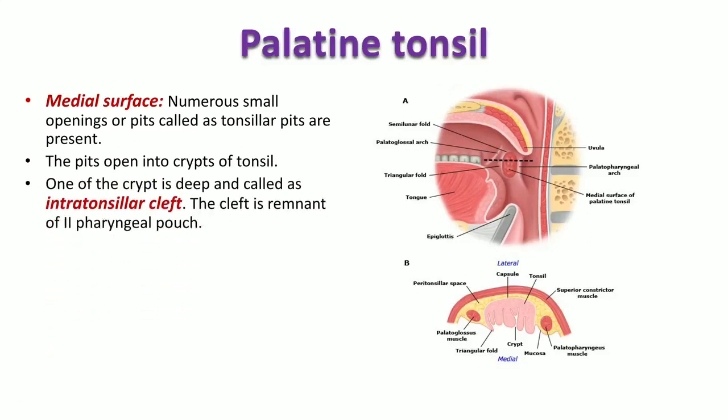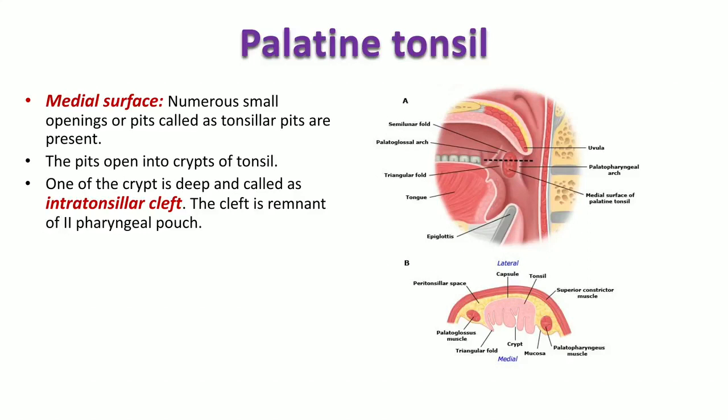One of the tonsillar crypts is very deep and it is called the intratonsillar cleft. Previously it was considered as the supratonsillar fossa, an extension, but now it is agreed that this is the remnant of the second pharyngeal pouch, because the tonsil develops from the ventral part of the second pharyngeal pouch.